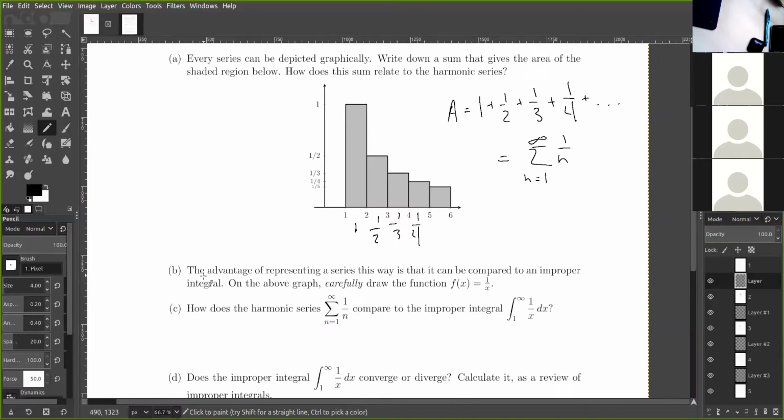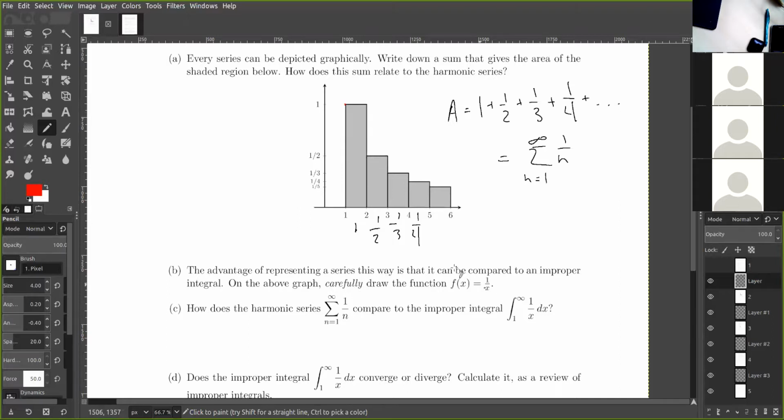So the advantage of representing a series in this way is that it can be compared to an improper integral. This is what we've been talking about these past couple of days with these series. On the graph, carefully draw a function f of x equals 1/x. Let's pick a different color, let's pick red so it's clear. Well, what is 1/x going to have? When x is 1, we will be at 1.